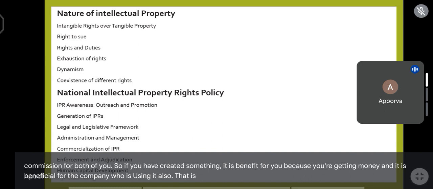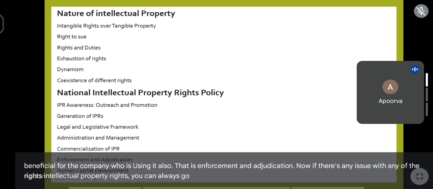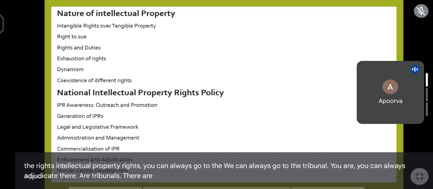There is enforcement and adjudication. If there's any issue with any of the intellectual property rights, you can always go to the tribunal and adjudicate. There are tribunals, high courts, and special courts. All of that we'll go through for each law.